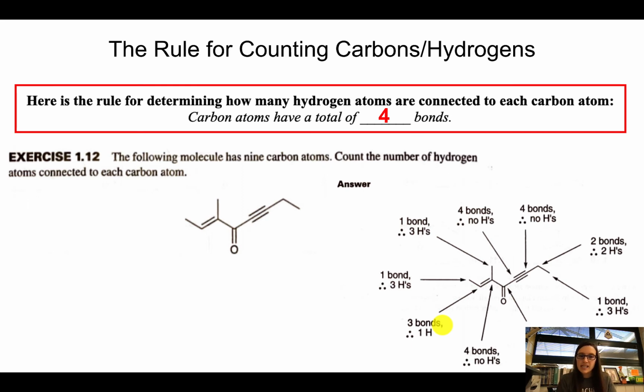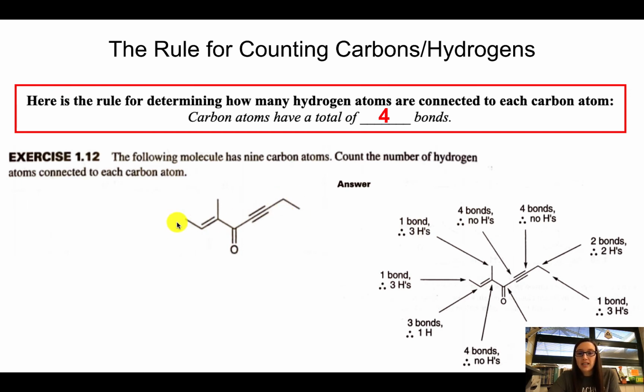Double check and see, can you count where the 9 carbon atoms are? Well, every carbon, if it does not have 4 bonds already, will be attached to hydrogens to make up for the 4 bonds. If we take a look at the initial structure, we have 1, 2, 3, 4, 5, 6, 7, 8, 9.